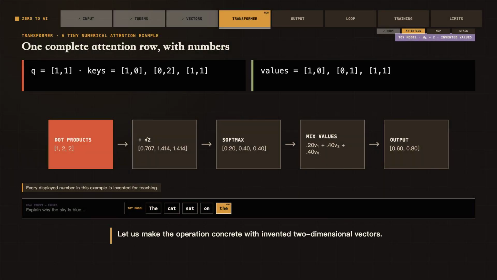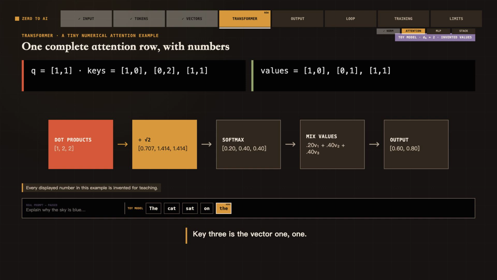Let us make the operation concrete with invented two-dimensional vectors. These are not measurements from a real model. Suppose the current query is the vector 1, 1. It compares with 3 key vectors. Key 1 is the vector 1, 0. Key 2 is the vector 0, 2. Key 3 is the vector 1, 1.